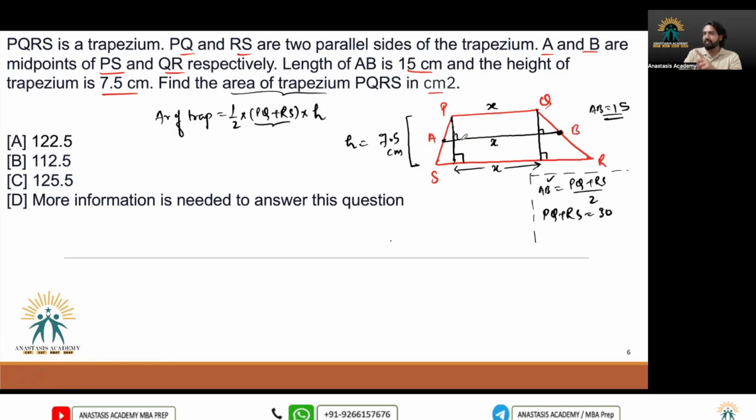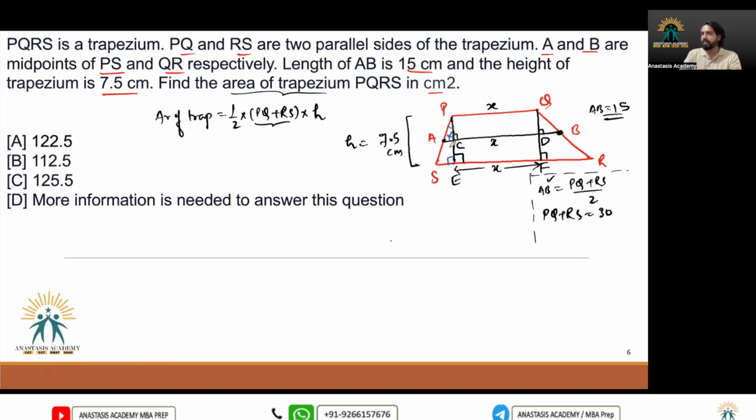Now, take these three triangles. I'm calling this point C and this point D. Now in this triangle APC and triangle PSE, I'm calling this point E and F, right? So consider this smaller triangle and this bigger triangle PSE. 90 degree, 90 degree, right?